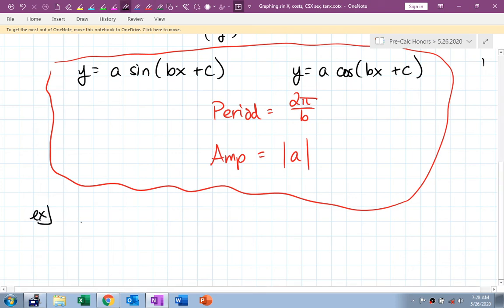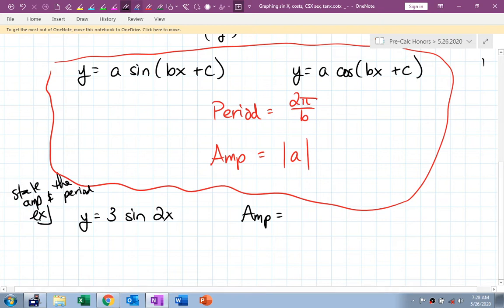Let's do y equals 3 sine of 2x. And all I want to know, state the amplitude and period. I probably should have written that down first, but I squeezed it in there. Amplitude is the easiest thing to find: the absolute value of the number in front. So the absolute value of 3 is just 3.